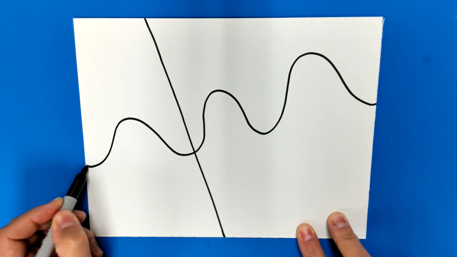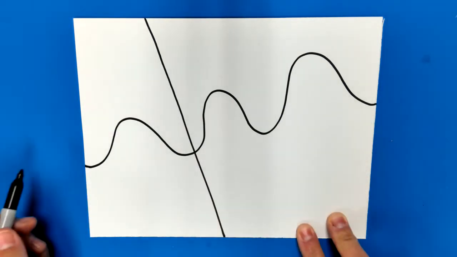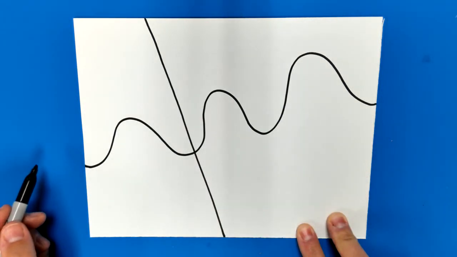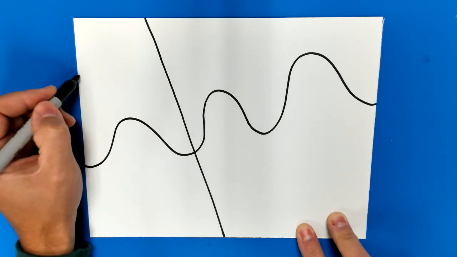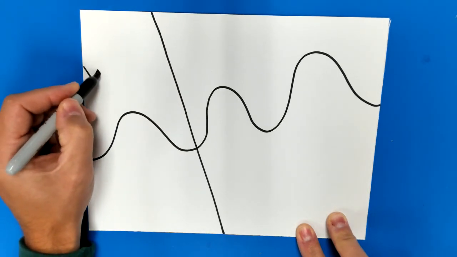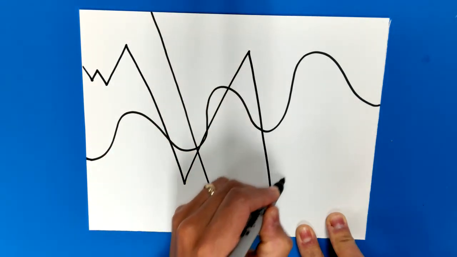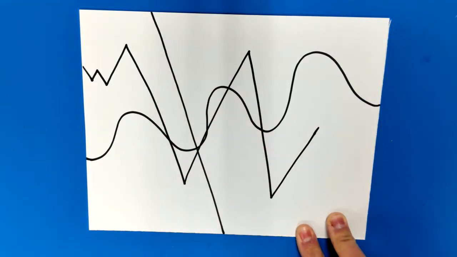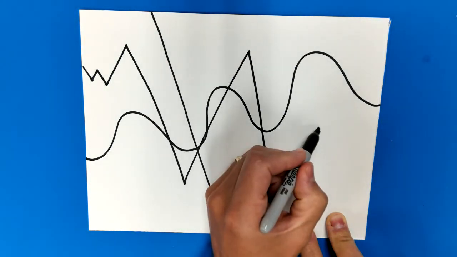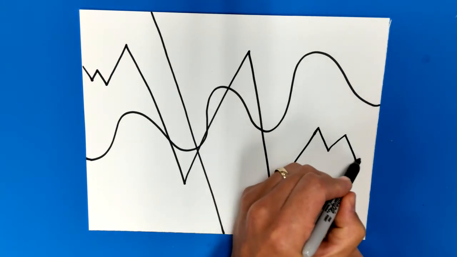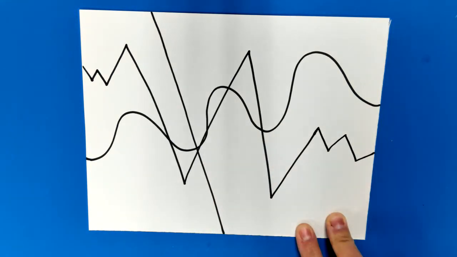And you'll notice this one goes from one side all the way to the end. Zigzags can be small or they can be big. Okay. And if I stop right here, did I go all the way to the edge? No. So now I need to start where I left off and get it so that it goes all the way to the edge of the paper.